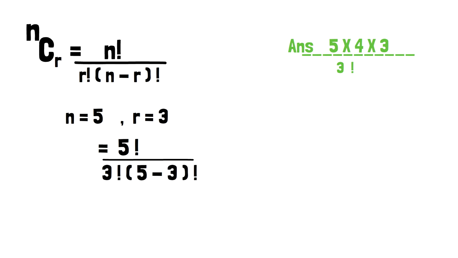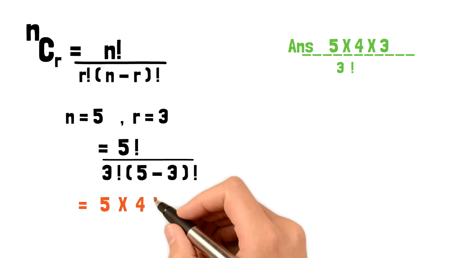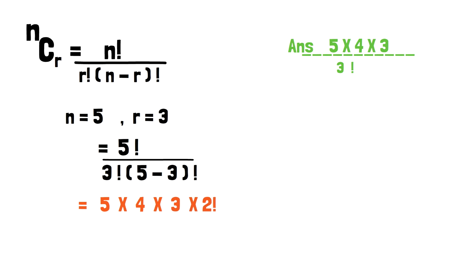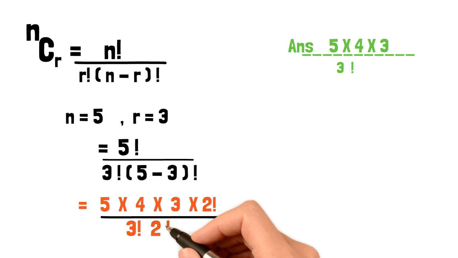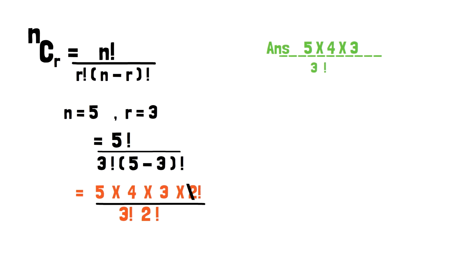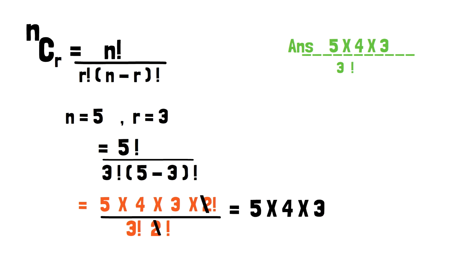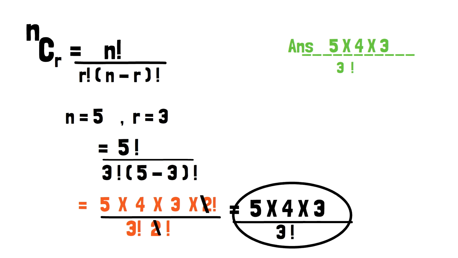It's 5 times 4 times 3 times 2 factorial divided by 3 factorial times 2 factorial. Numerator 2 factorial cancels with denominator 2 factorial. So the answer is 5 times 4 times 3 divided by 3 factorial. Actually, this is what we found without using the formula. Or we can say it's a cool short trick.